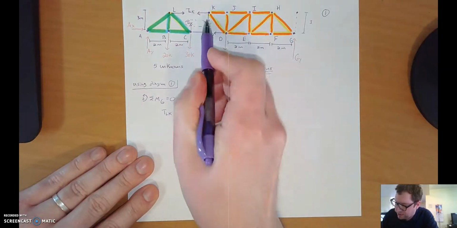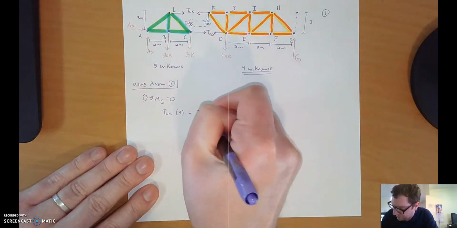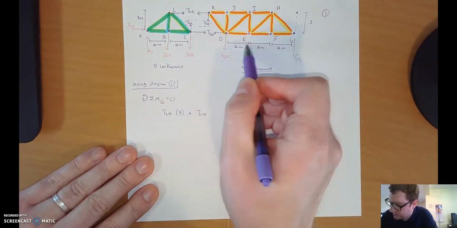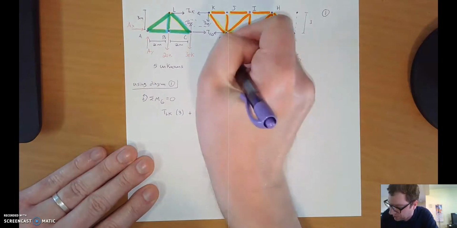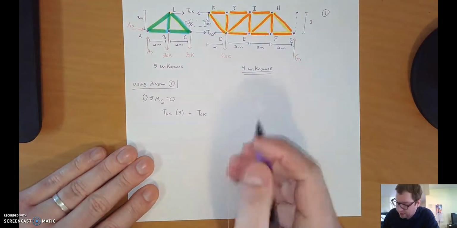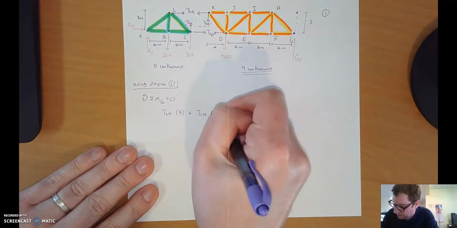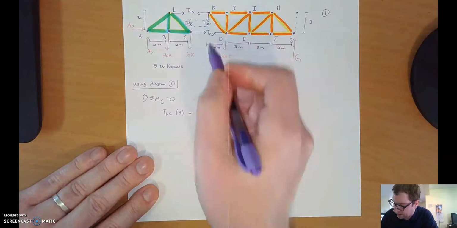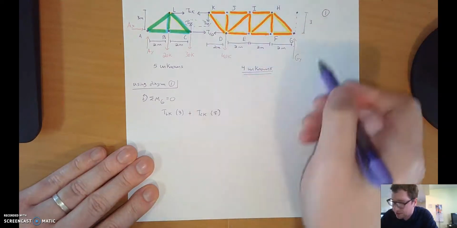We have tension CK. It is going to act, so we have 2, 4, 6, and there's another 2 here that I should probably draw. So 8 total meters away, and that is going to create a positive moment.